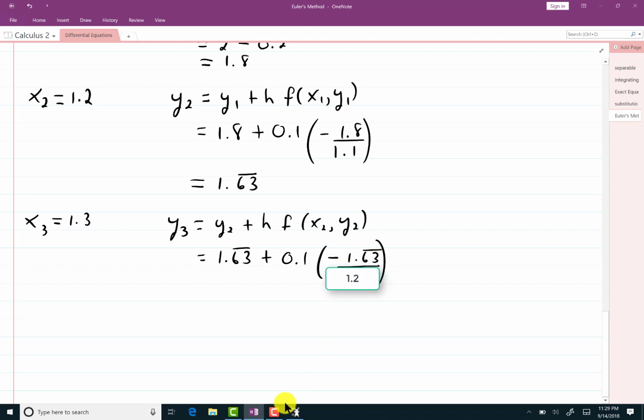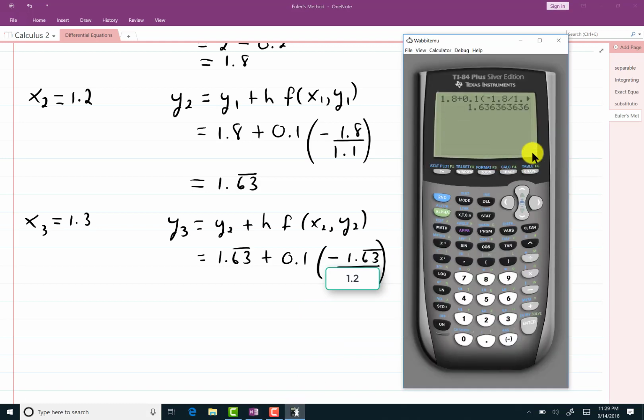And let's go bring the calculator up and do those. So you can use this number. You don't have to round or anything like that. I can simply go plus 0.1 times, and then I can put the answer again by putting second, and above the negative sign I get answer. But before I do answer, I should probably insert, let's see, second, insert the negative, and then divide that by 1.3.